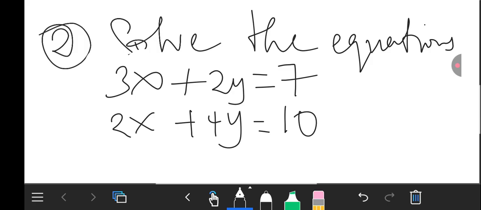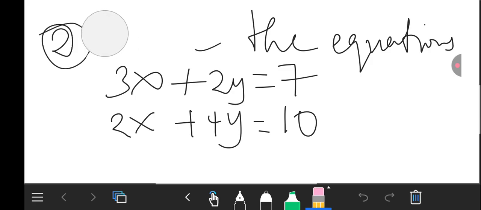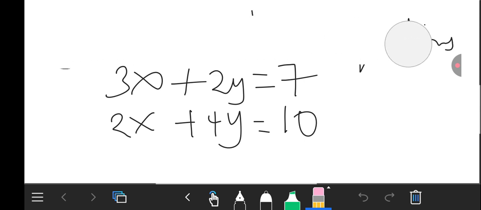Okay, let me just swap the top part there so that we can solve it.